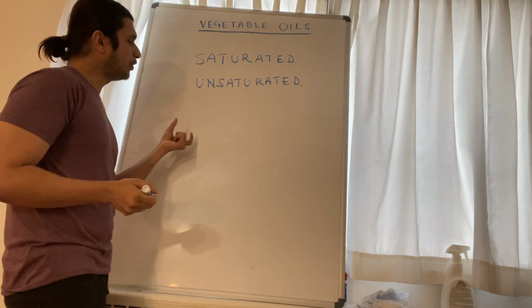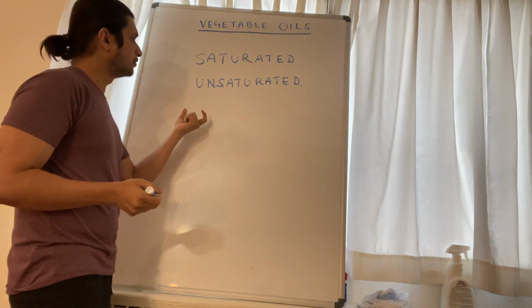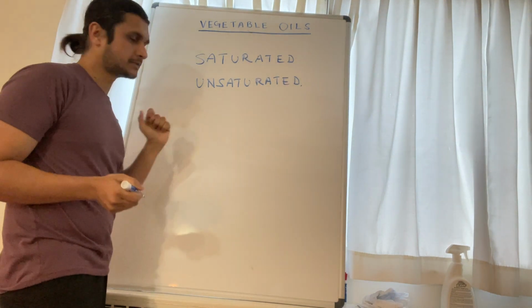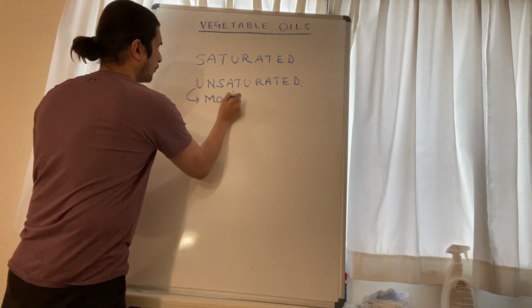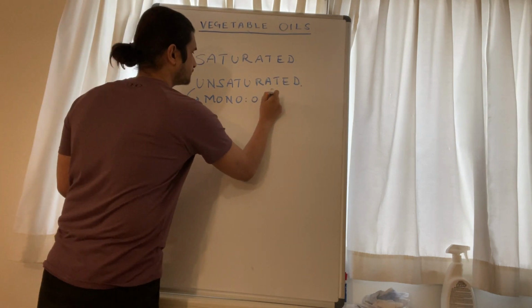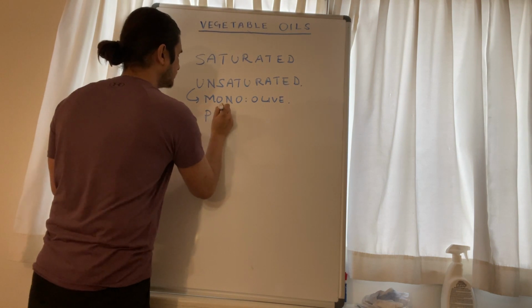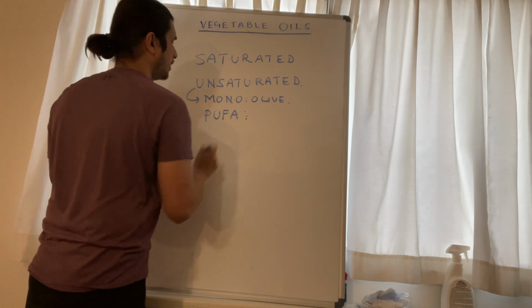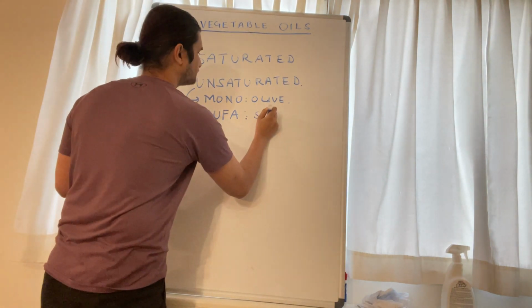So the more bonds there are between the molecules, the more unsaturation there is. So unsaturated can be monounsaturated, which you can think of as mostly olive oils, or the more commonly known polyunsaturated fatty acids, which are most of the seed oils and the vegetable oils.